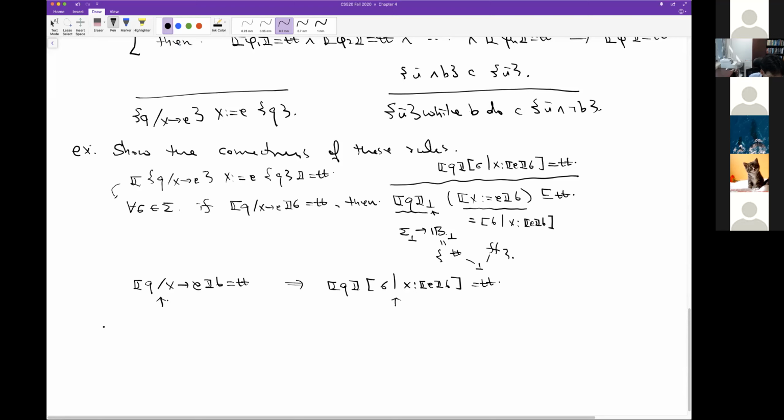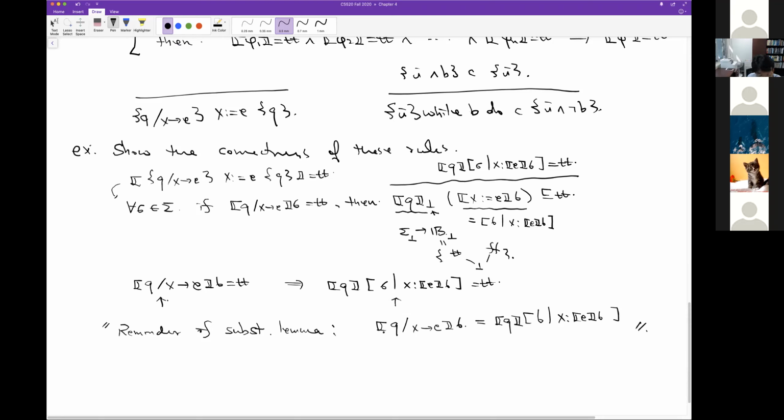In fact, we learned about the substitution lemma when you studied predicate logic. In particular, one corollary of the substitution lemma says that applying the substitution syntactically is the same as applying the substitution semantically. So this is what we learned before.